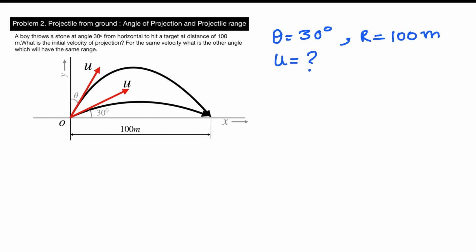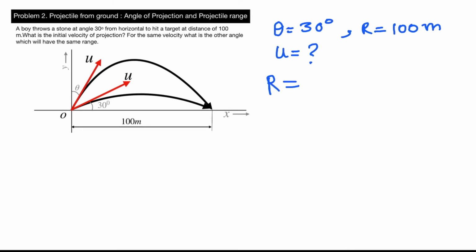The first thing. The other thing is we have to find out the angle of projection for which, if the projectile is projected with the same initial speed u, it will cover the same range or it will fall at the same point. The range of the projectile R can be given as u square sine 2 theta by g.